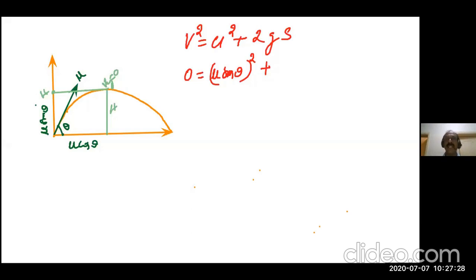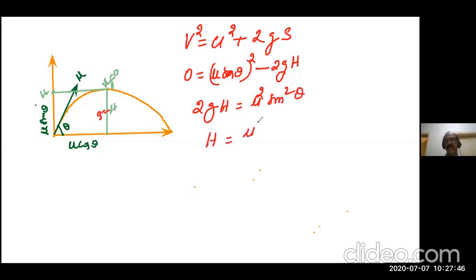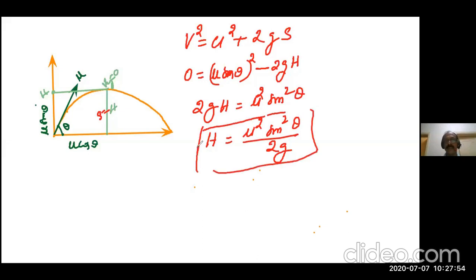We have to write minus here because g is negative. So minus 2G, and S is equal to H. Bring this side: 2GH is equal to U squared sine squared theta. Then H is equal to U squared sine squared theta divided by 2G. This is the formula. This is a 2-mark question derivation.